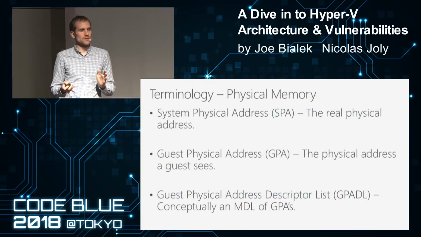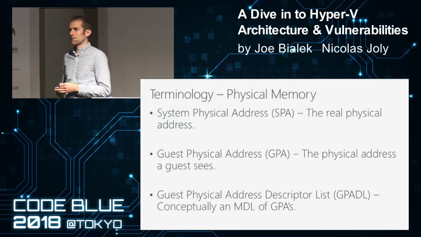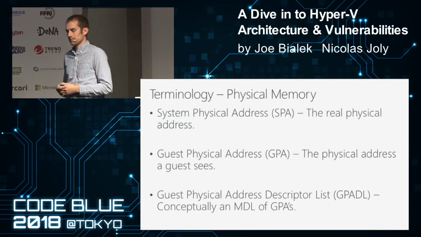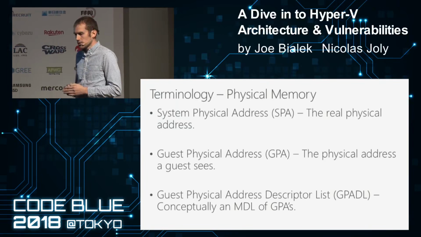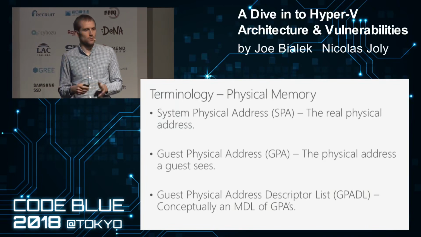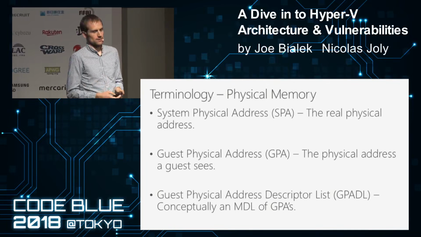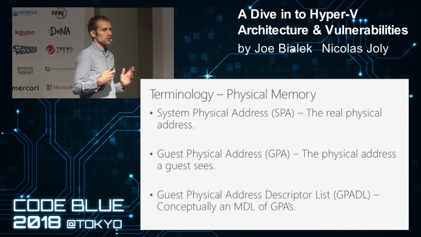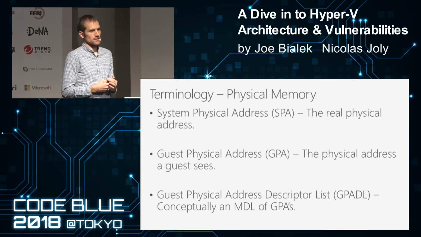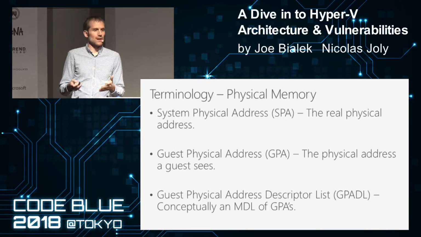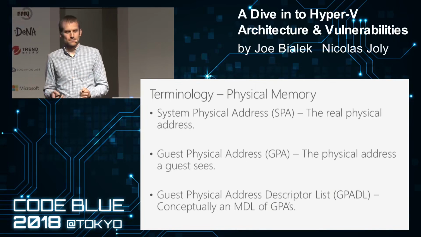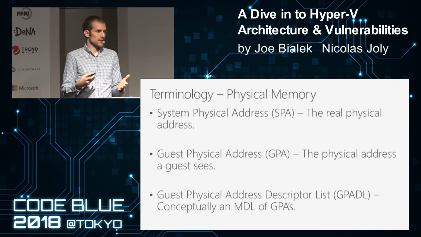Now, when we're dealing with virtualization, we end up talking about physical memory quite a bit. In Hyper-V, we use the term system physical address, or SPA, to describe the real physical address of some piece of memory. And we use the term GPA, or guest physical address, to describe the physical address that a guest sees. And this is the lie that the hypervisor tells to the guest using the extended page tables.